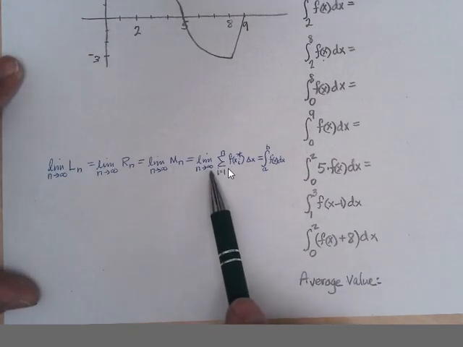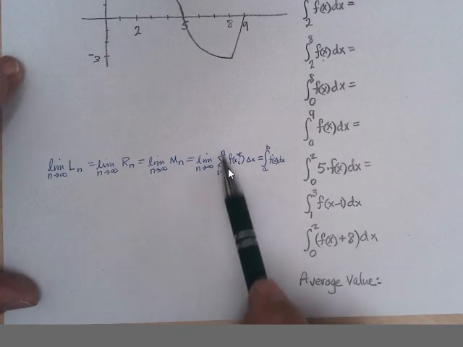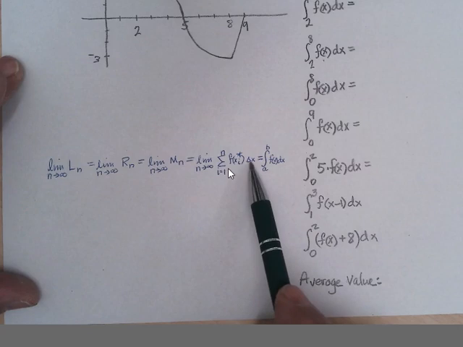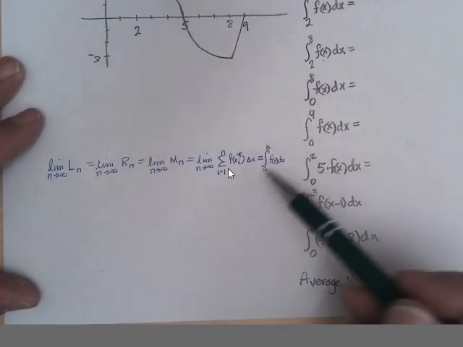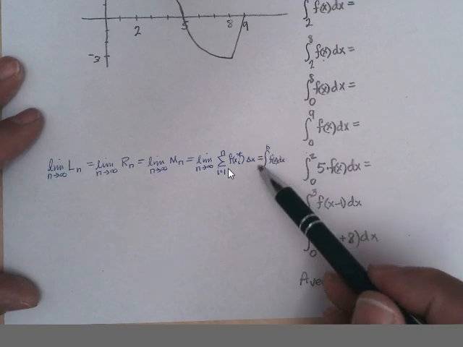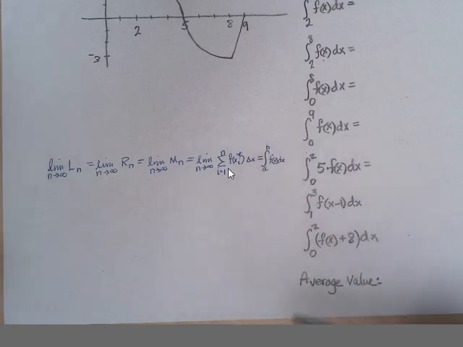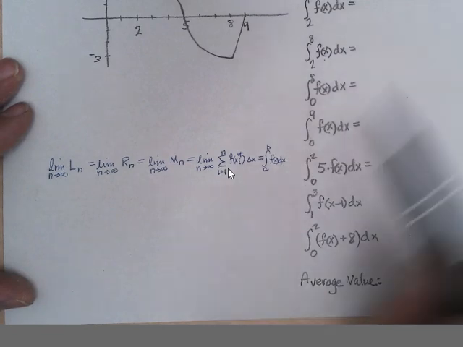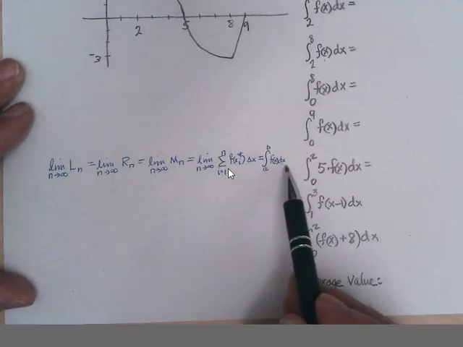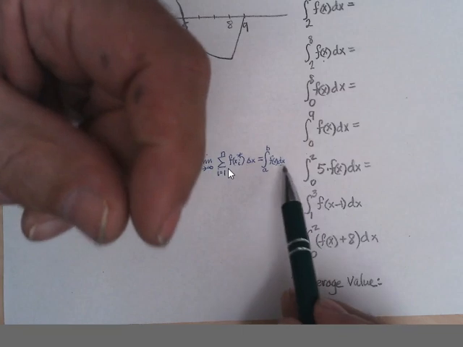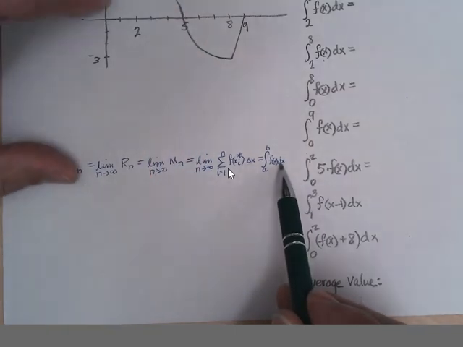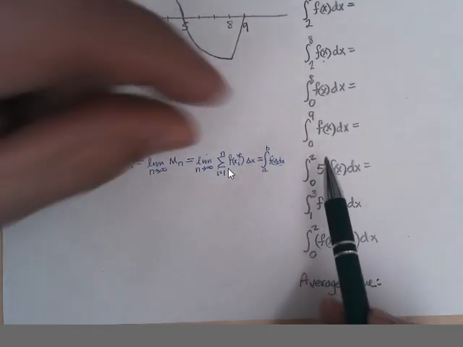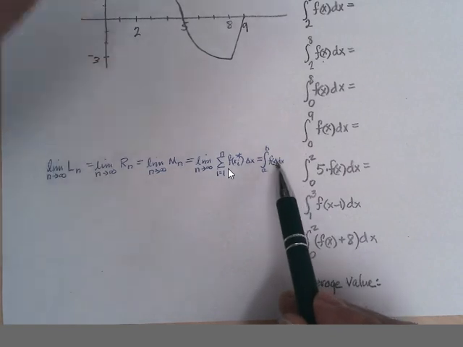In fact, if you did it to infinity, the number of divisions, taking the height times the width of the interval, you're going to get the area under the curve, which is what this symbol means. We're going to do infinitely narrow divisions. Each division is really tiny, and we take the height of each one, which is the y value.